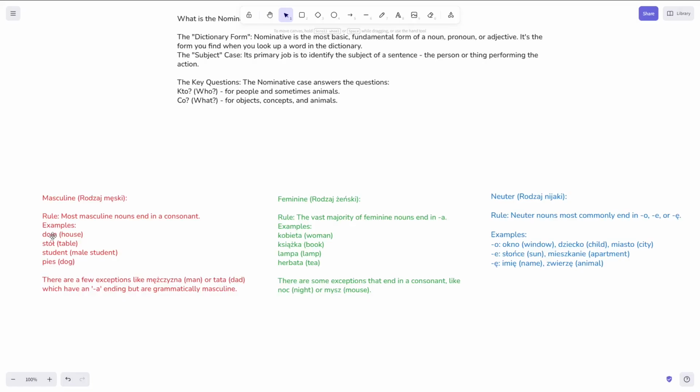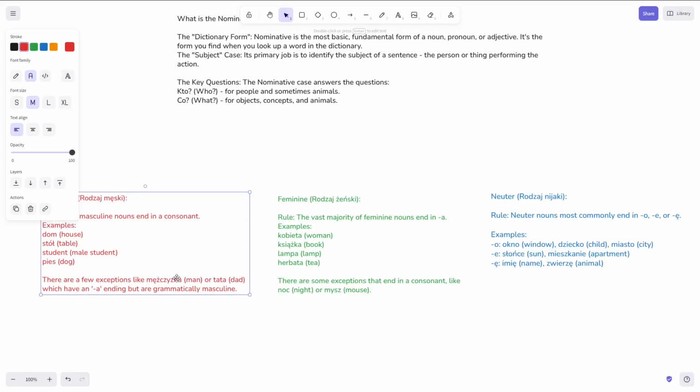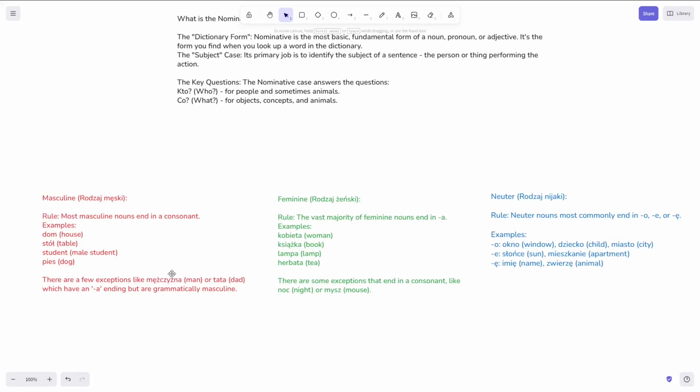So even though the word mężczyzna has an A at the end and dom has a consonant at the end, since they are both grammatically masculine, then if we want to provide a particular adjective, for example, a nice man or a nice house, we have to use a masculine form of that adjective, okay? Since the noun is masculine, we have to convert all of the other parts in the sentence to be also compatible with the masculine noun, okay? I hope that makes sense.